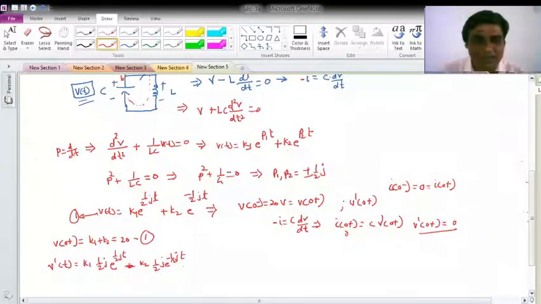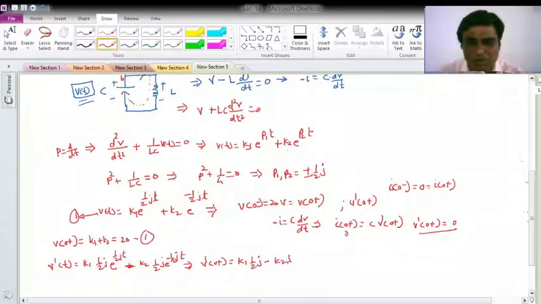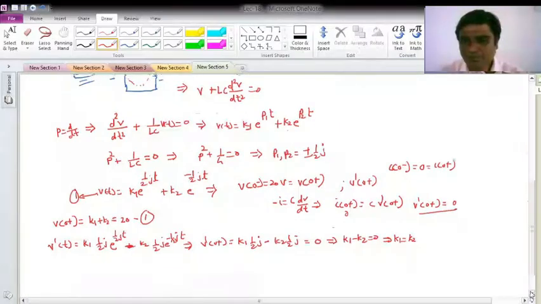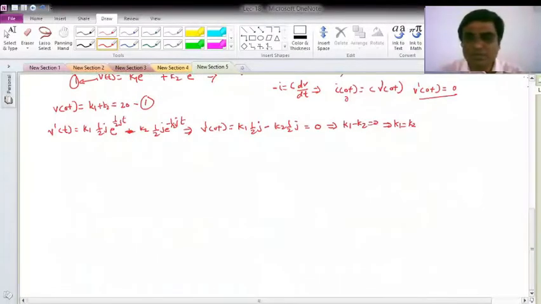Let me evaluate this at V dash 0 positive. So V dash 0 positive is equal to k1 half j minus k2 half j, which was equal to 0, right? So this implies k1 minus k2 is equal to 0, which means that k1 will be equal to k2. This is my equation 2. So if I solve for k1 and k2, what will I get?